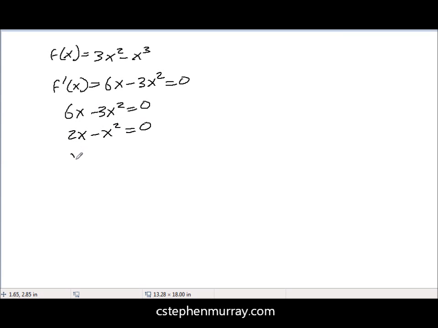I can take an x out of that. To say that these two factors equal 0 means either this equals 0 or this equals 0, so we set them equal to 0. That one is x equals 0. Or 2 minus x equals 0, so x equals 2. These are our 2 points where the slope of the parent function equals 0.